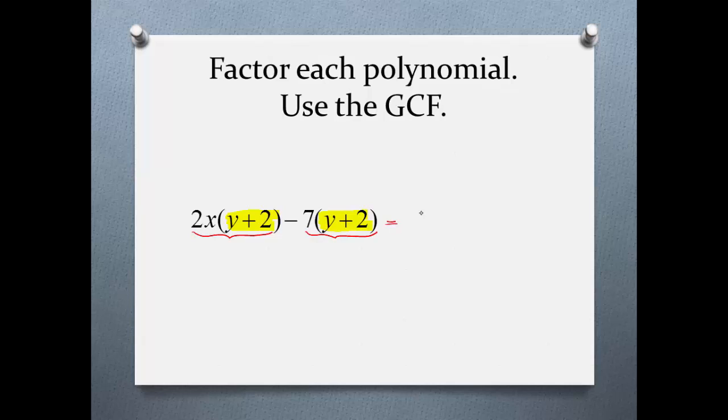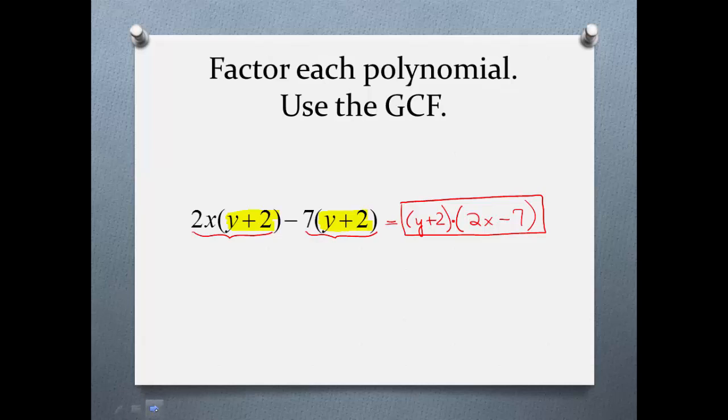So if I want, I can think of that y plus 2 as a common factor, and I can pull it out and write down what I'm left with, which is 2x minus 7. So this is considered the factored form because these pieces, the y plus 2 and the 2x minus 7, are connected by multiplication. So that's why that's considered a factored form.